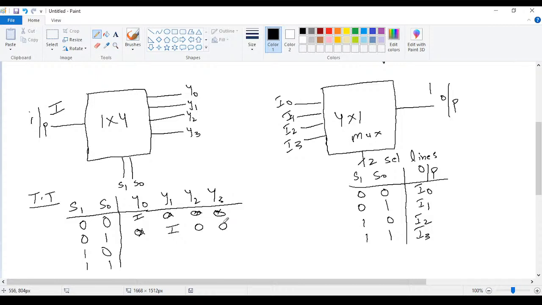So we can go for zeros. Here 1 0 means Y2 will be the input, it will be connected, and the remaining will be zeros. And 1 1 means Y3 will be I.